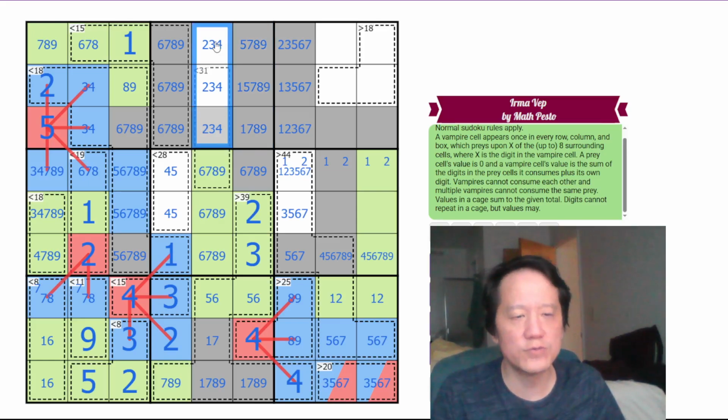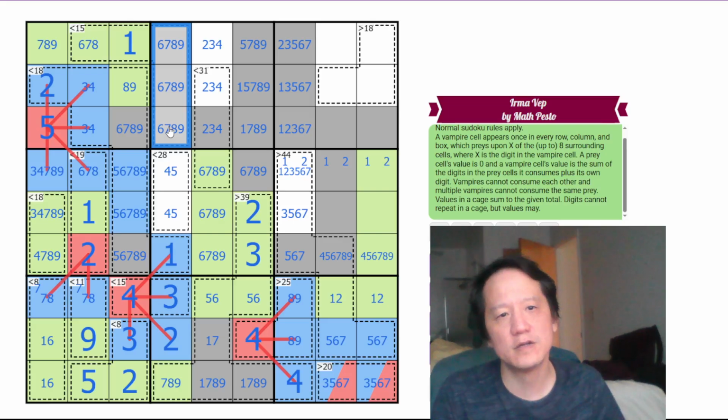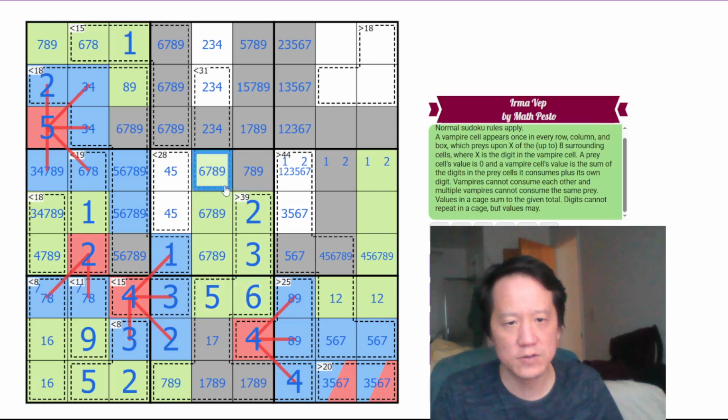Right? Because 2, 3, this is 6, 7, 8, 9. It cannot have a 1, 2, 3, 4, 5. This cannot be 6 because the 5, 6 pair is here. Therefore, whereas the 5 in column 6, it has to be one of these two cells, which means this can't be 5. This is 6, this is 5, which eliminates 6 here.